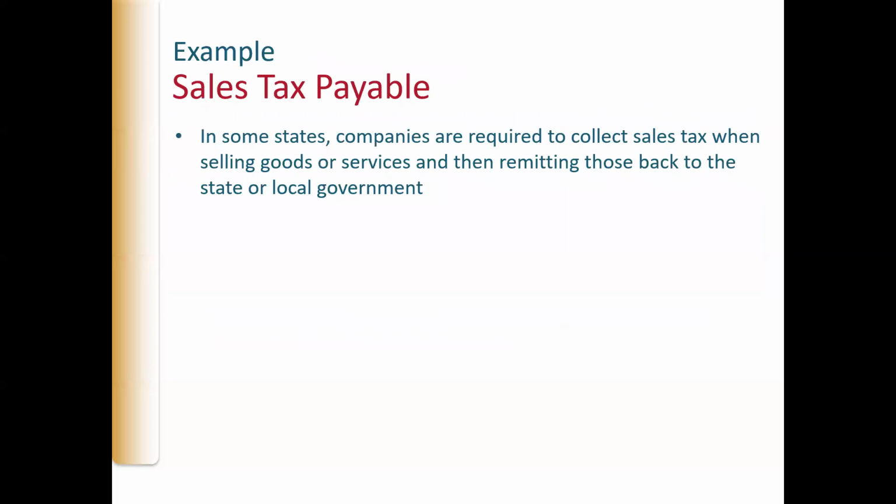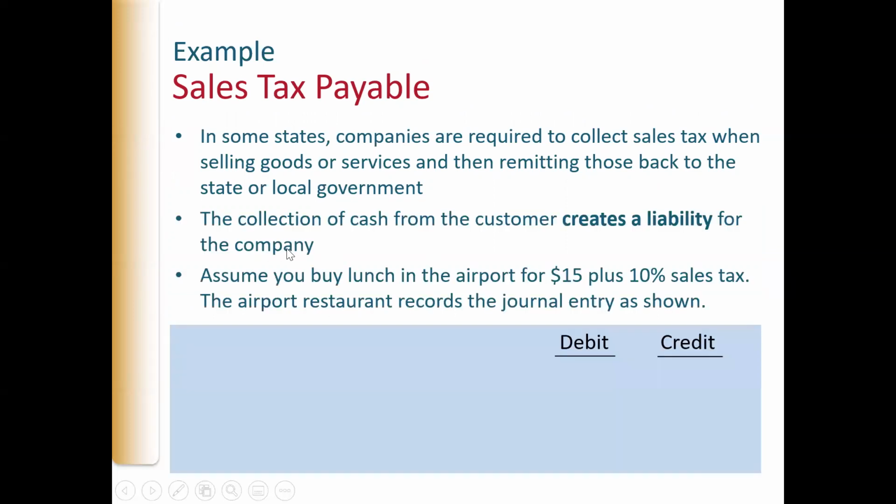In states where they're required to collect sales tax on specific purchases or services, what happens is when the company collects the tax, in this example, you purchase lunch for $15, but they charge you sales tax of 10%.